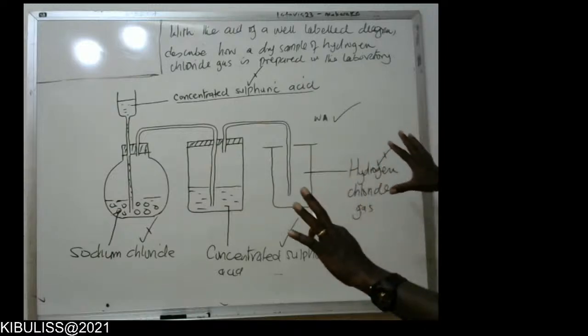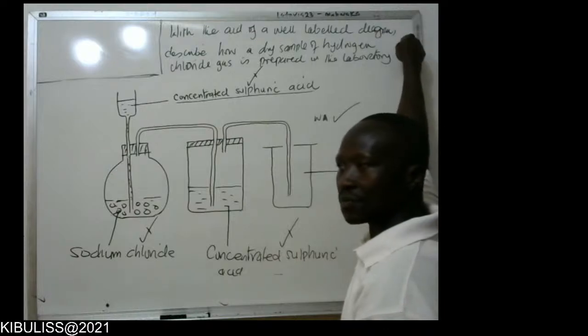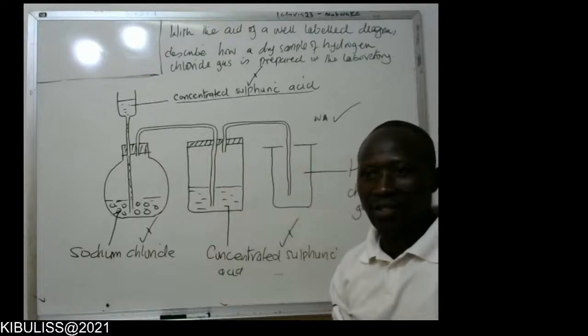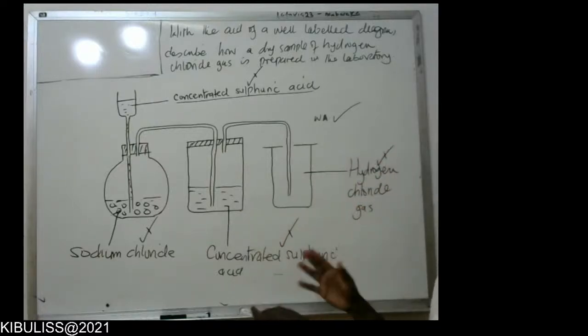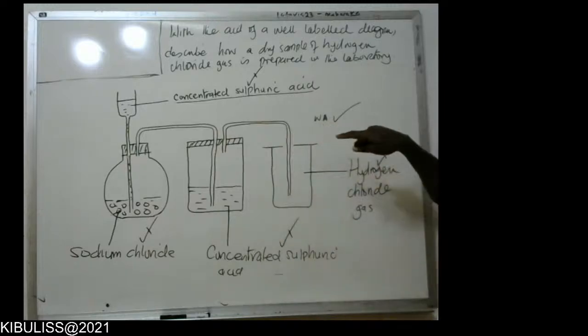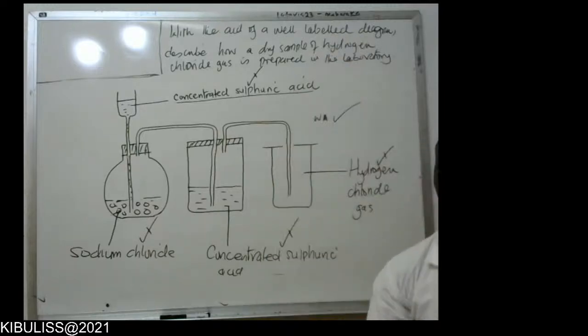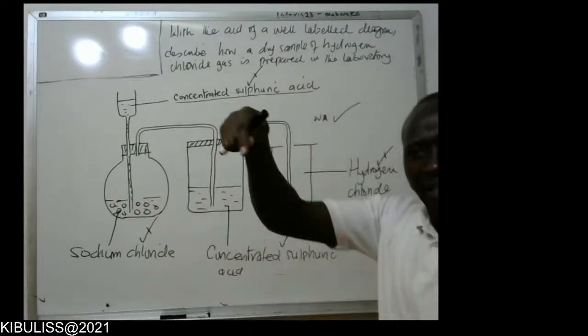The way the diagram has been labeled answers this type of question. So what is the standard answer? We have drawn, we have labeled, we now talk. Two things are expected: the diagram and the explanation. With the aid of a diagram, draw and explain.